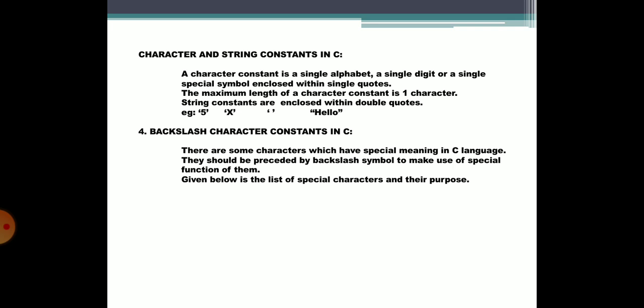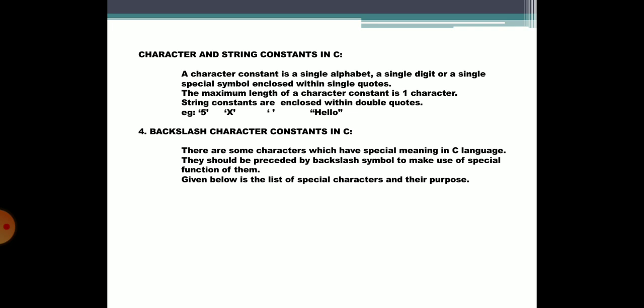These are all examples of single character constants. A string constant is a sequence of characters enclosed in double quotes. The characters may be letters, numbers, special characters, and blank space. For example, hello enclosed within double quotes is a string constant.